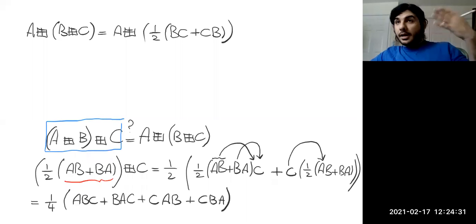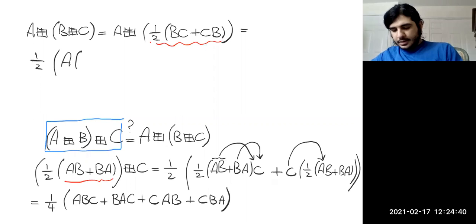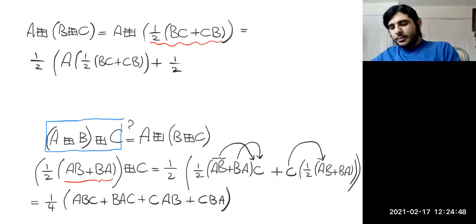And then A plus that is equal to 1/2 A times whatever we have here, which is 1/2 BC plus CB, plus, again, the whole thing, 1/2 BC plus CB times A.